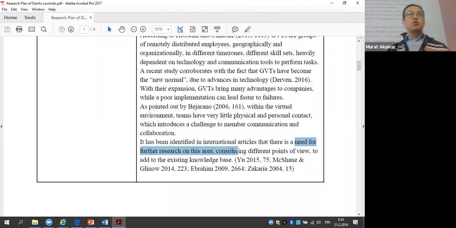So it is important that once you have the idea of your topic, you start reading the literature. One of the very good places where you can get ideas for your thesis is that usually every article ends with suggestions for future research.